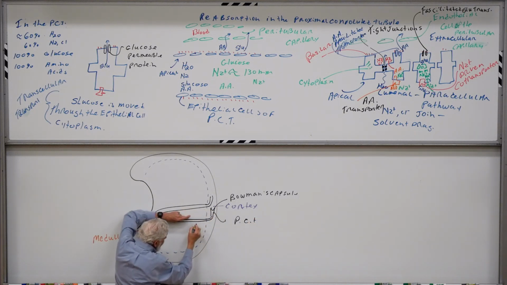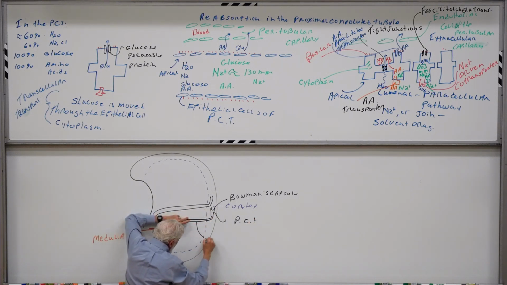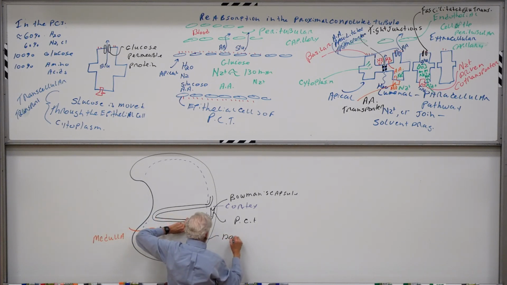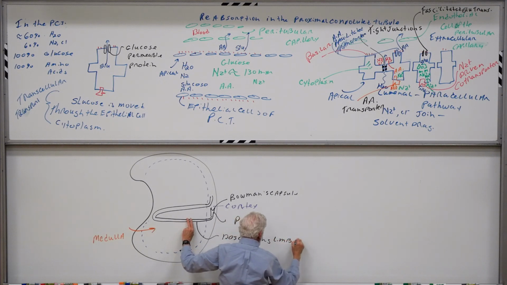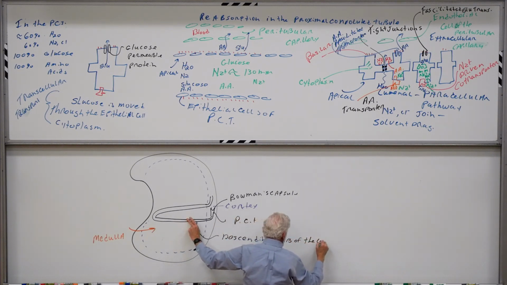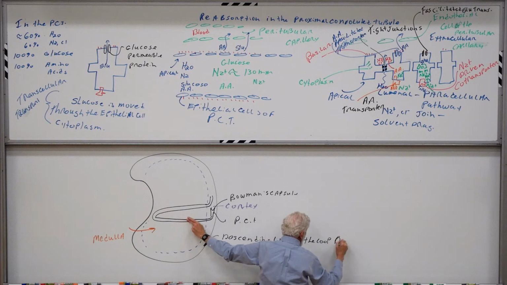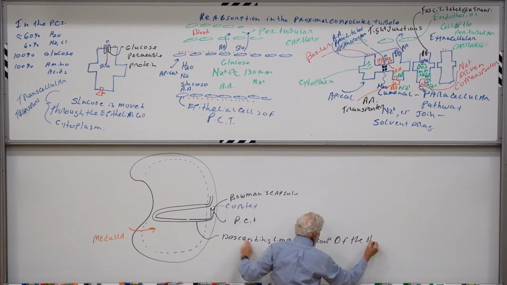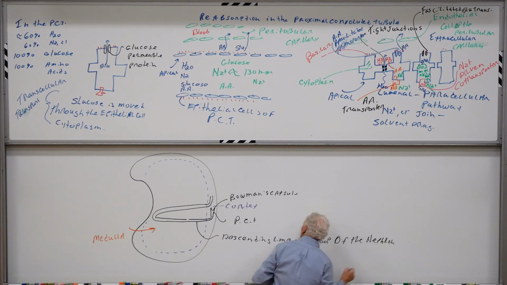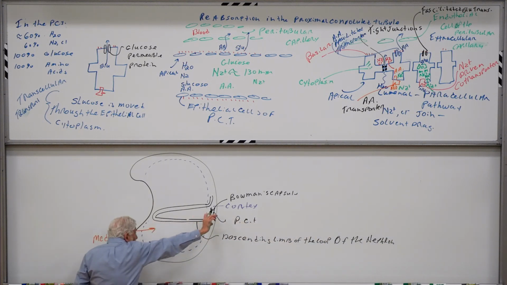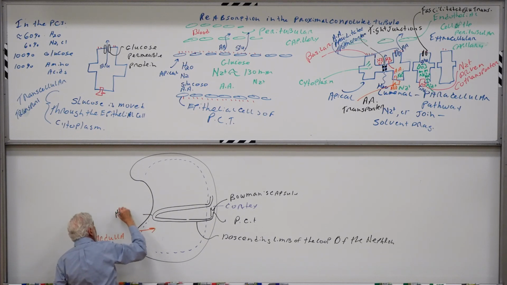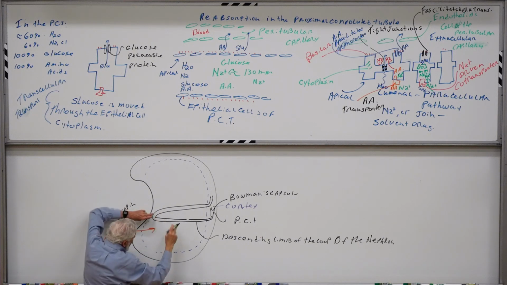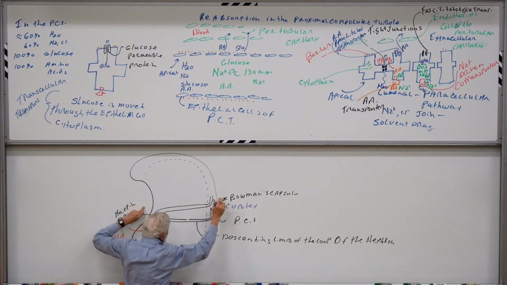The proximal convoluted tubule then empties into this structure, known as the descending limb of the loop of the nephron. So it goes all the way down across the medulla. Then down here is the hairpin turn. And it then turns around and goes all the way back up to the cortex.